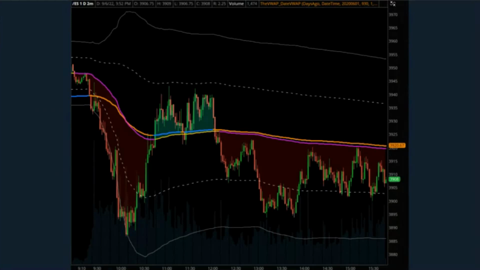We have a general idea of how well something might perform, how many times it might occur, how many times it might fail, etc. But no matter what trade type you get in, you could show me the best possible trade type that fits all my possible criteria, there's still a reasonable probability it's going to be a losing trade. It could be, oh man, 80, 90% of the time this is going to work. But there's a 20 to 10% chance, whatever is the opposite side of that, that it's not going to work. And if I'm controlling my risk accordingly, then I get stopped out and it's on to the next one.